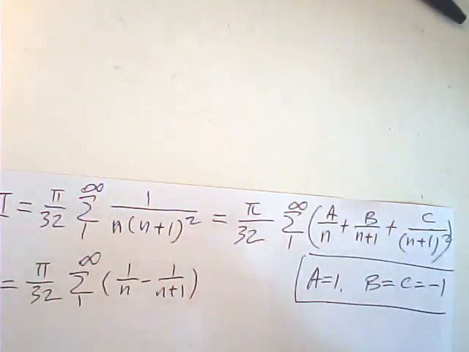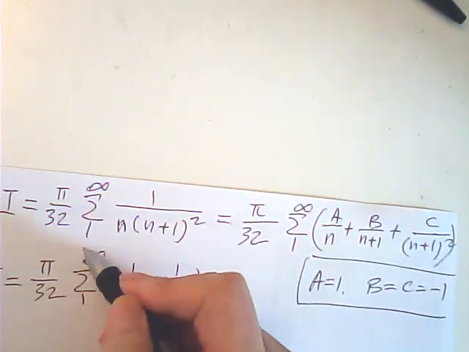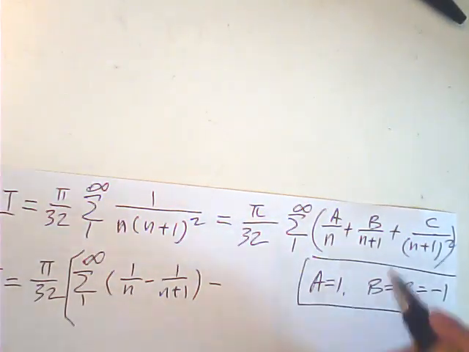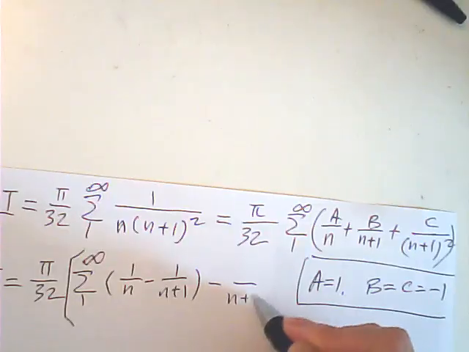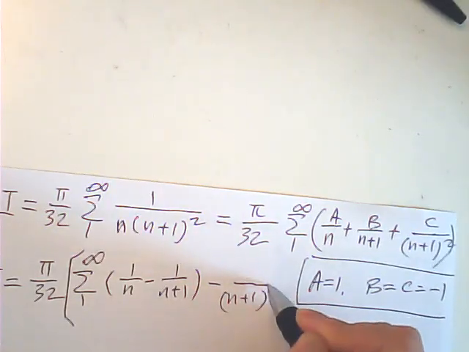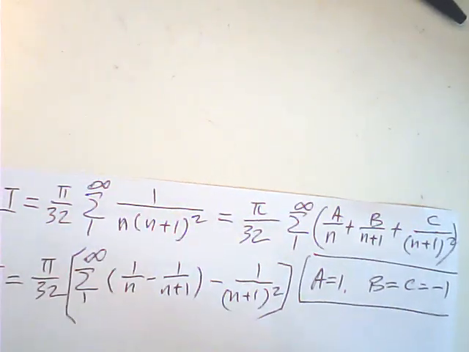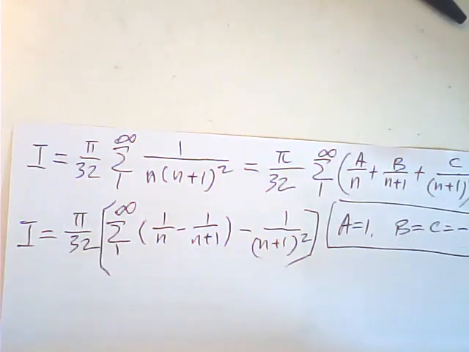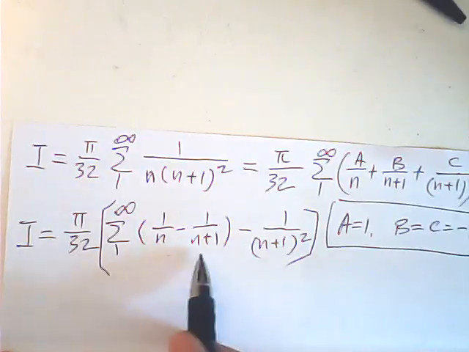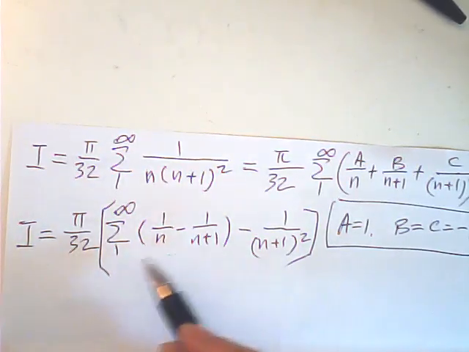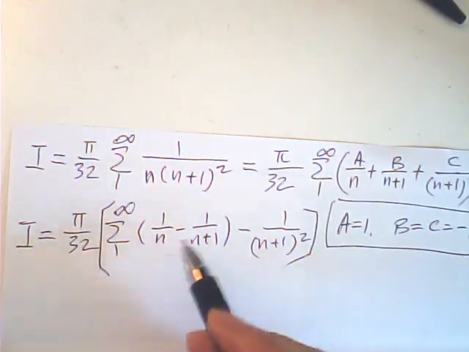This is the first two terms. And the second term is minus 1 over n plus 1 squared. Wow, very good. Now, this is a telescoping series, right? You must know it. Telescoping series equal to 1.